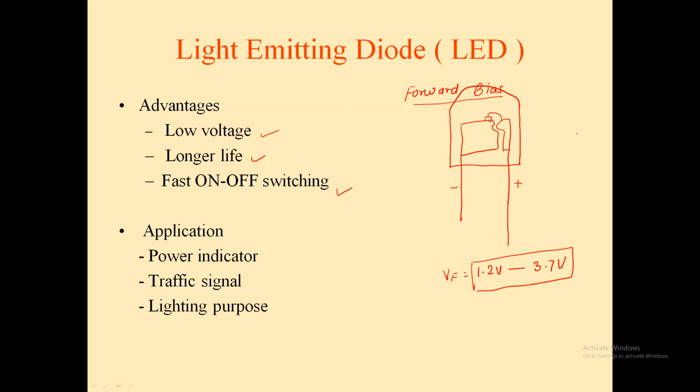But in the case of LCD, the LCD requires a specific time to switch on and switch off, and in that, a lot of energy may be wasted. But the LED switch-on and switch-off time is very, very fast. Get my point? So due to these three advantages, new technology always prefers the LED.